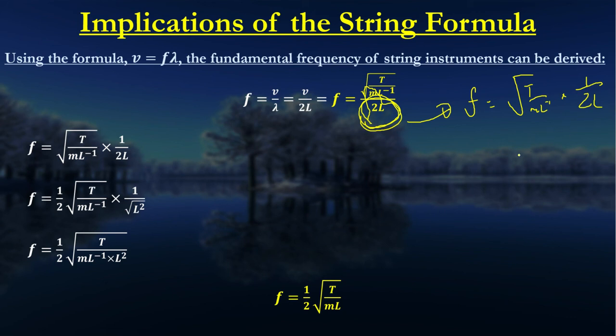To make this fit, you can also move the half out, so we can move half times L, get the squared, and rearrange that.